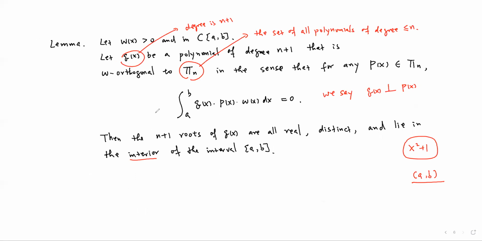Now, next, based on this lemma, we have the following theorem. This theorem is on the coefficients and the nodes of Gaussian quadrature.